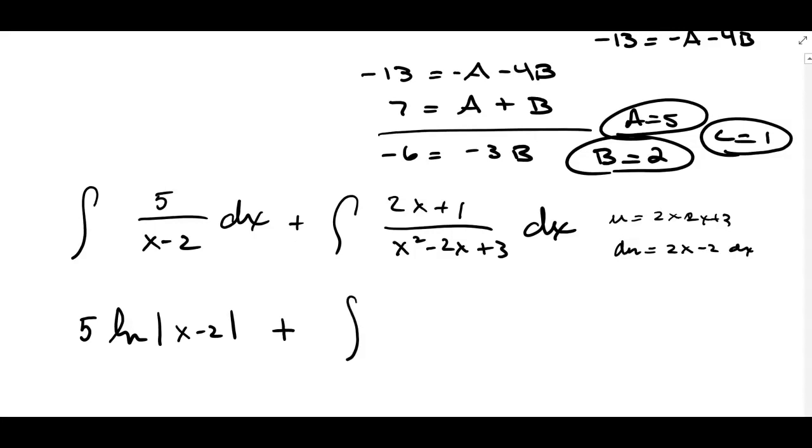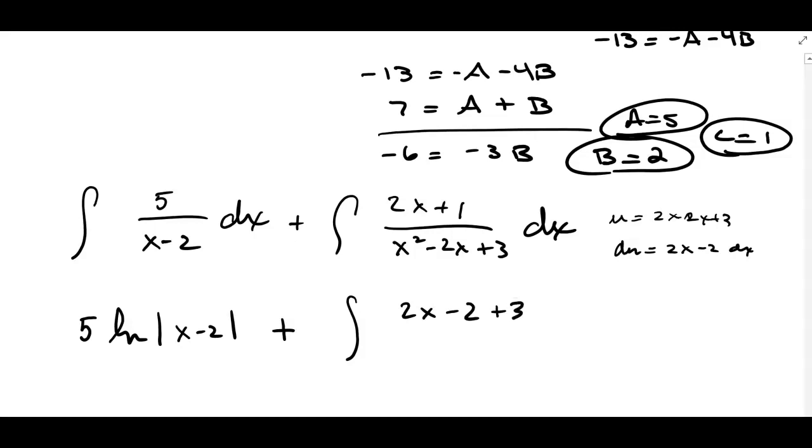This is another algebraic technique. And say, okay, I need 2x minus 2. All right, but I have 2x plus 1. So if I make it 2x minus 2, I do have to add something to get it back to plus 1. I'd have to add a 3.